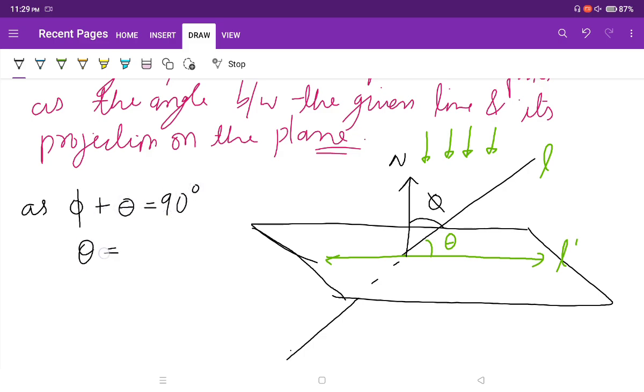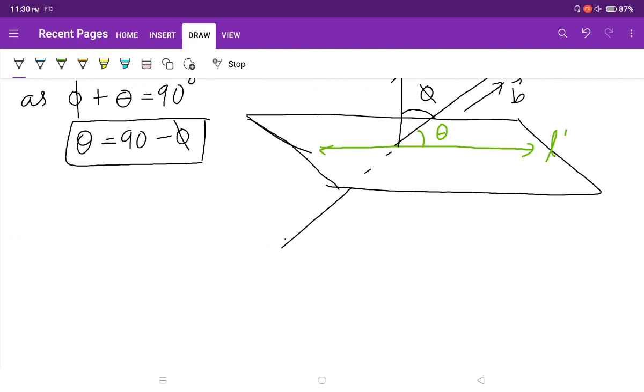So we have theta equals 90 minus phi, correct? Because the normal is perpendicular to the plane. Now you see we will have the b vector which will be parallel to the line L. So we need to calculate phi, correct?